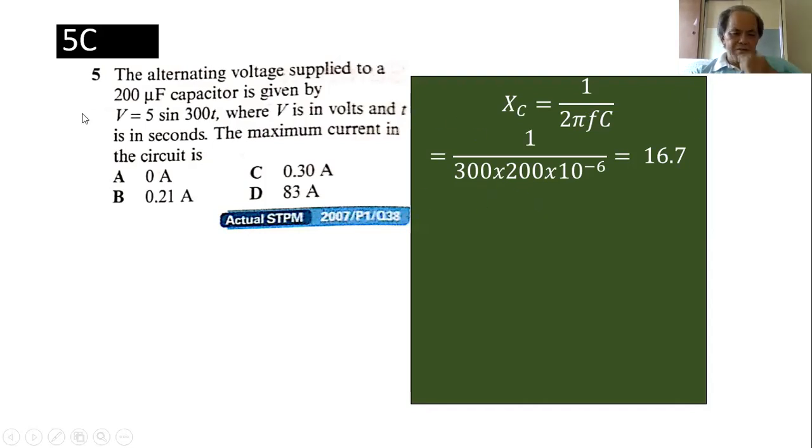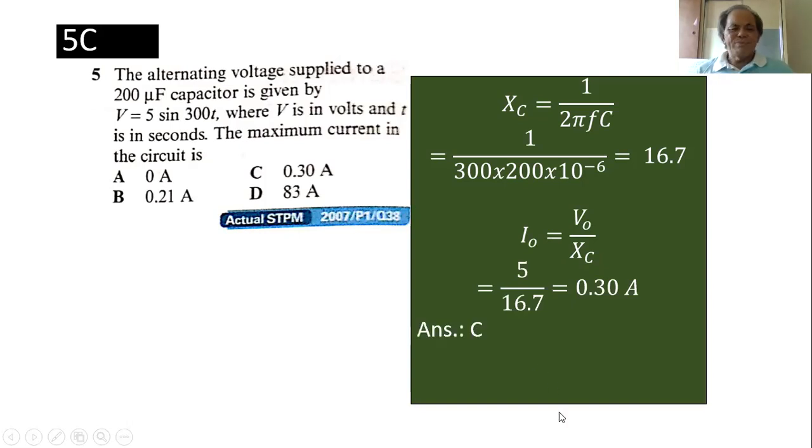C, convert it to farad, 10 to the power minus 6. Calculate is 16.7. Then I naught is V naught over, that's your resistance. Right? If you can work with DC, that's your resistance, or we call reactance. Now, catch. Where did you go wrong? Where was the mistake? And now for all this carelessness, 1 mark gone. Okay with that? Know where is the mistake or not? Yeah, I realized the mistake, sir. Okay.